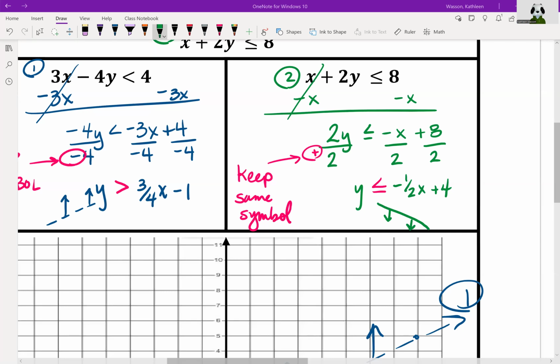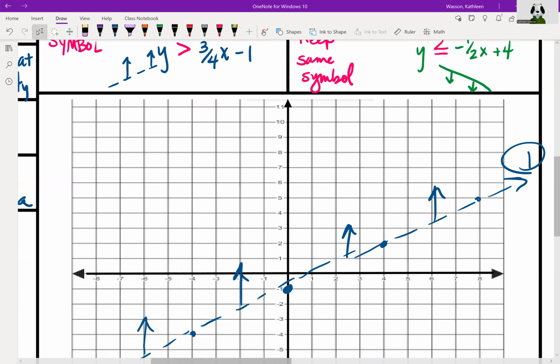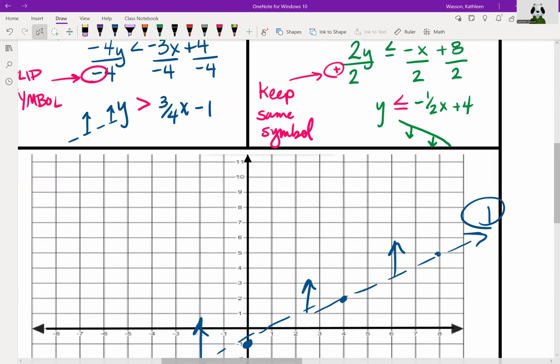We can go ahead and graph that second inequality that crosses the y-axis at 4 and has a slope of -1/2. So I'm just making myself some extra points.